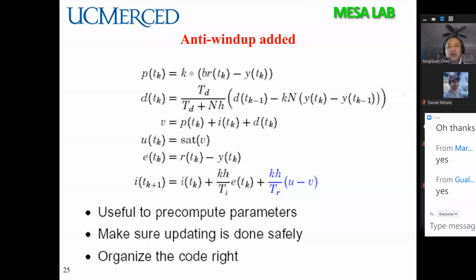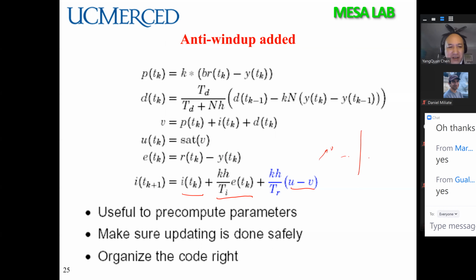So this is a P controller. This is the I controller. The I controller will keep adding. So this is U minus V, you remember, U minus V. It is supposed to be 0.